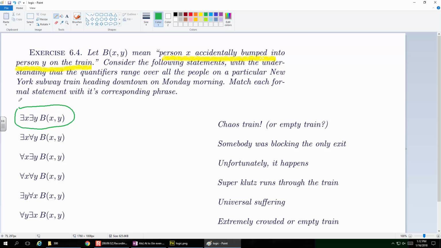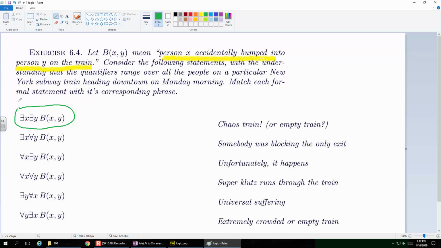Translate into plain language, and then we'll find a match for it. There exists an X and there exists a Y? No, in terms of the description at the top. Like there is a person who accidentally bumped into a person while on the train. Yes, in other words, there are two people who bumped into each other. That's right. So there's only one accident.